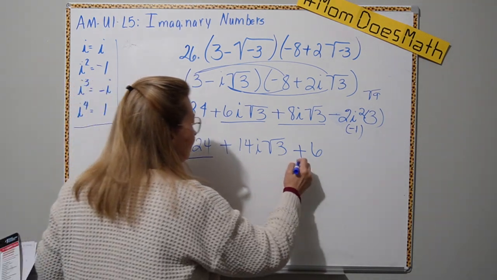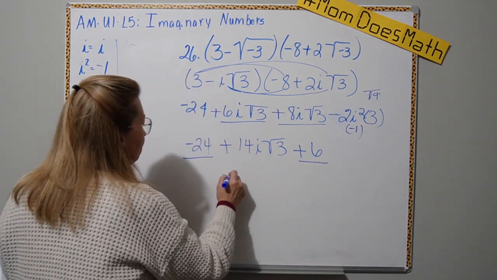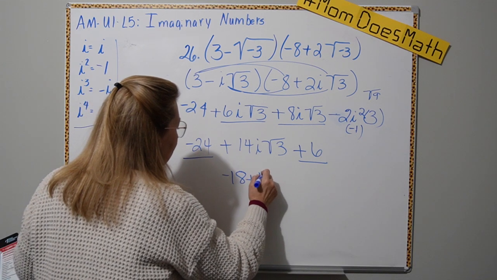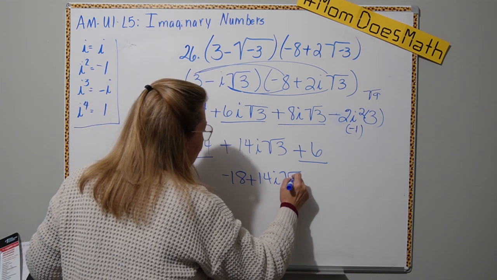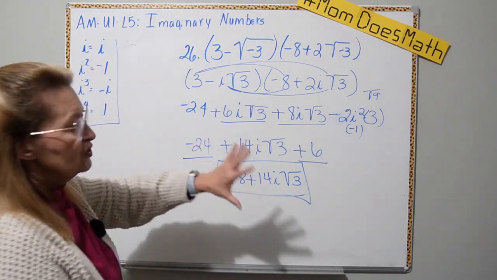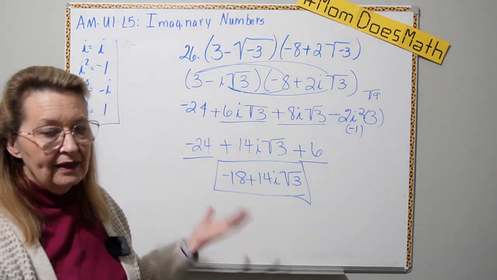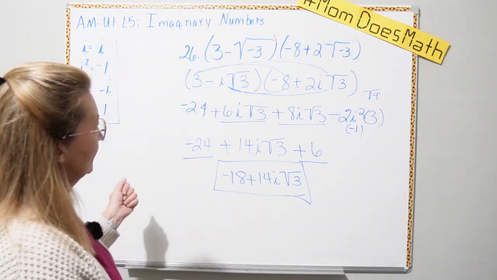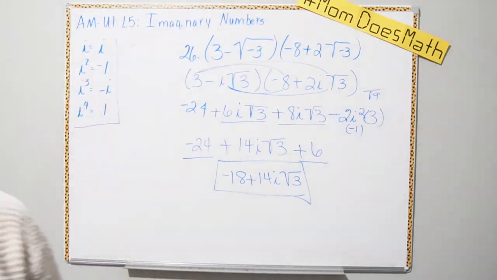Now, negative 24 plus 6 makes negative 18 plus 14i square root of 3. So you just have to go slowly, matching up what you can and taking care of what you can. One more problem, number 27.